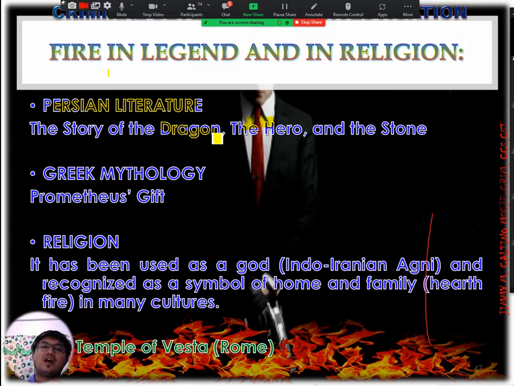And then yung sa Temple of Vesta naman, the Vestal Virgins in Rome, okay? The Temple of Vesta, doon daw nakukuha, doon daw nakalagay yung mga fire. So kukunin na lang mga tao doon. Okay? So these are just the stories, no? These are just the stories of how fire was conceptualized.